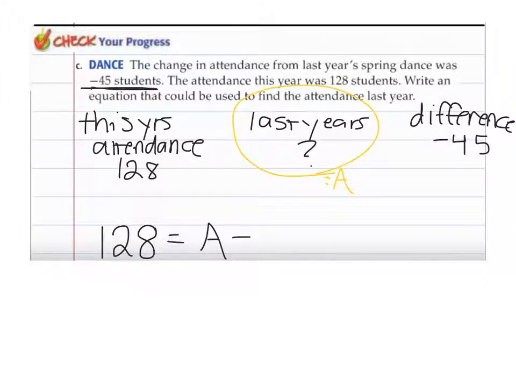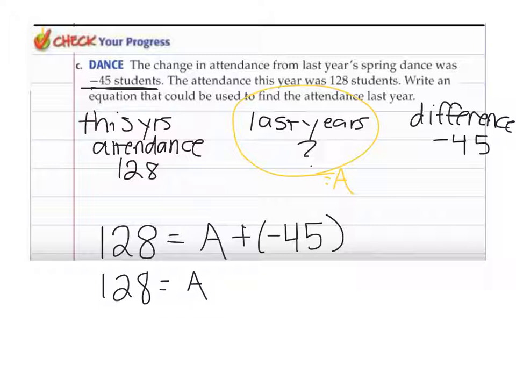So I could either show that as doing an addition, plus negative 45 students, or I could write it as 128 equals our unknown A minus 45. These are both the same problems, just different ways of writing them.